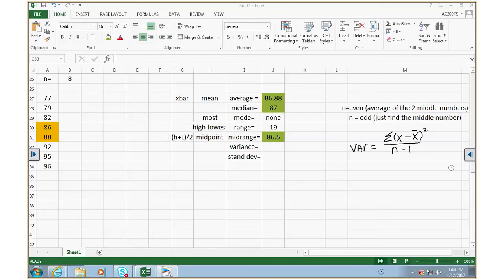That's the summation. It means you add it all up. Just wait till I do it, and then you'll understand it. Summation. That's what that means.